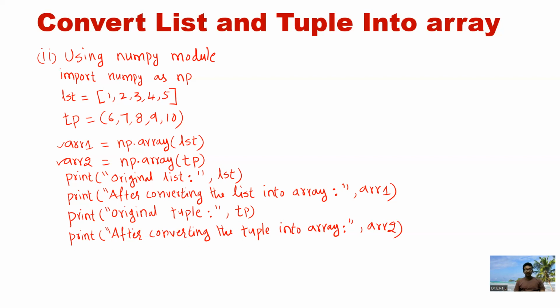Then that prints the tuple converted into an array. So this is the second way of converting a list and tuple into an array by using the NumPy module.